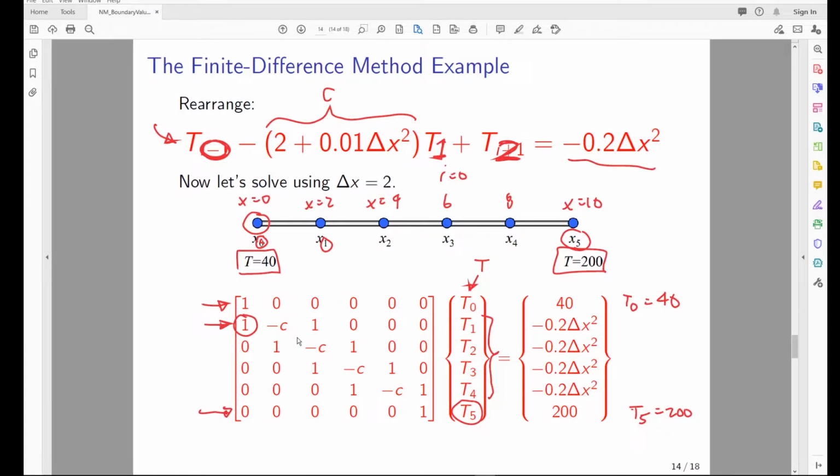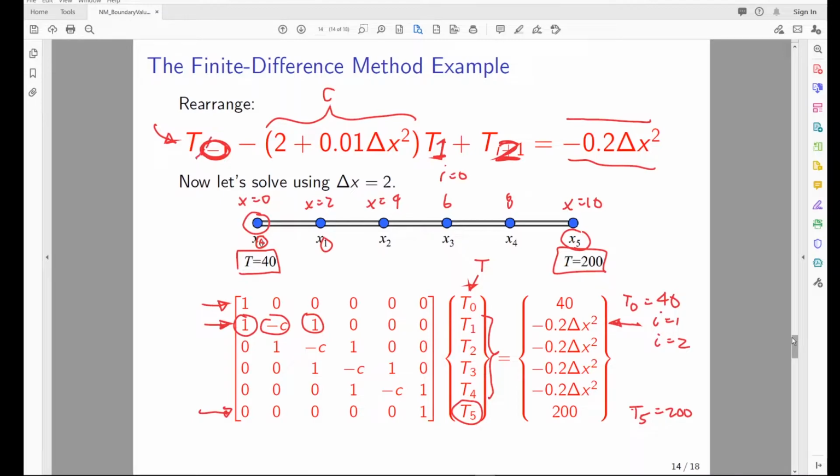So I've got 1, minus c, 1, times T1, T2, and T3 respectively. And then on the right-hand side, I can plug it into this spot right here, minus 0.2 delta x squared.